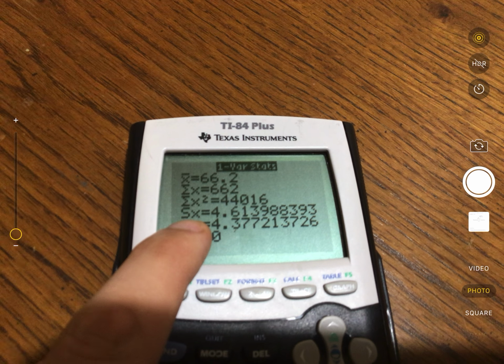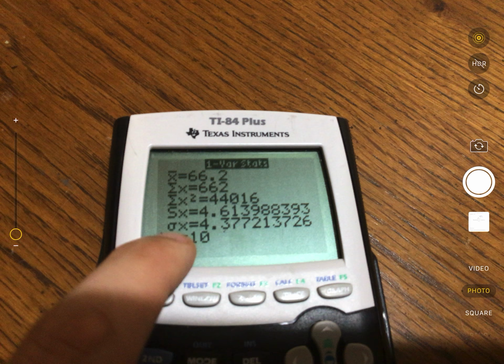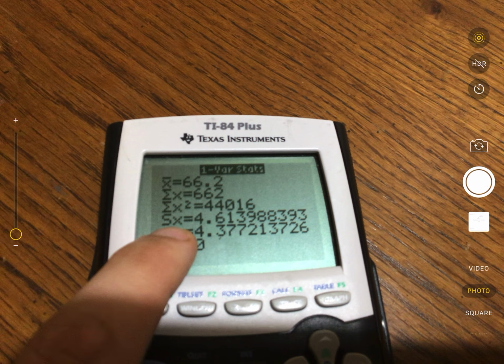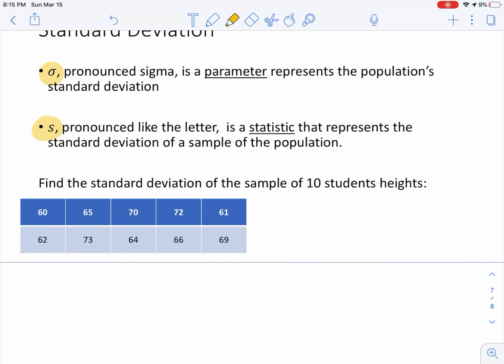I'm going to use the S because it was a sample, meaning I need the S statistic, not the sigma parameter. So I'm going to use S, which is 4.61. So I go back into Notability. I'm going to use S, not sigma, because it's a sample, and the answer is 4.61 according to my calculator.